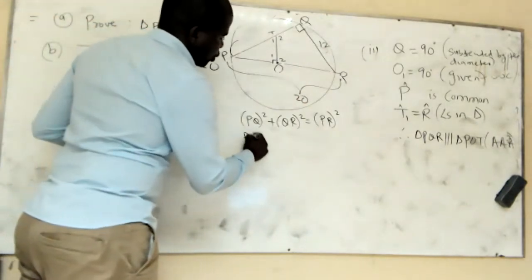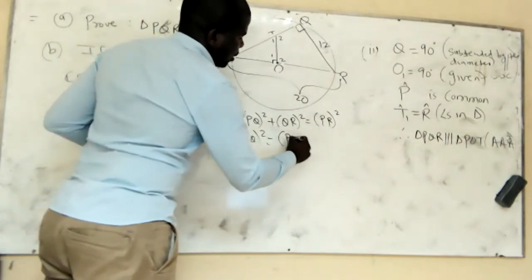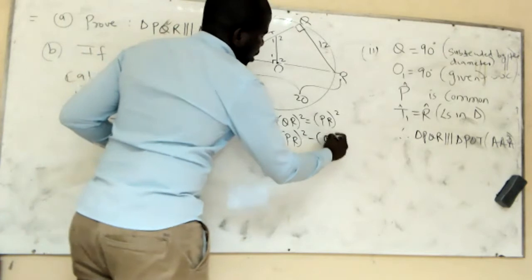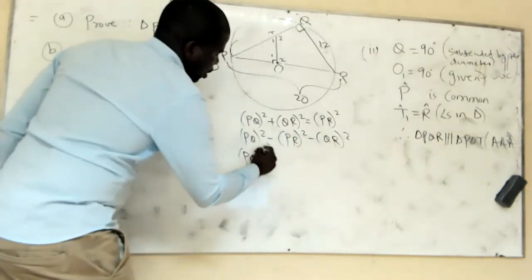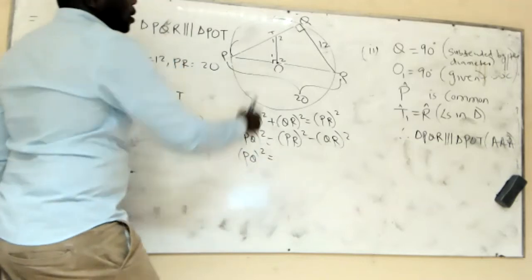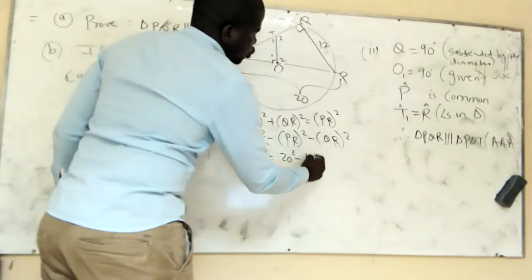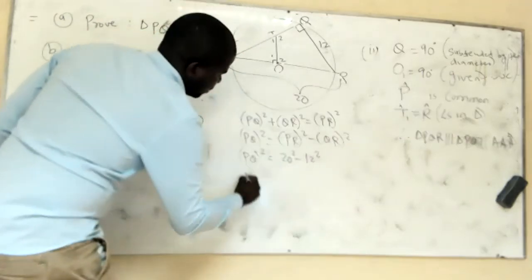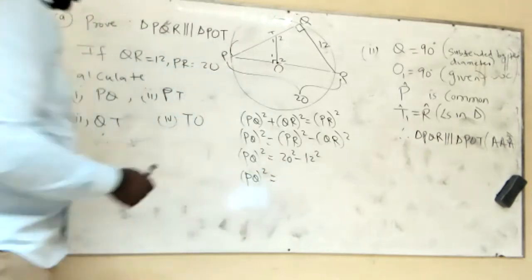So we are looking for PQ squared. You take this to the side, you're going to have PR squared minus QR squared, and then you substitute what you're given. In this case, PR is given as 20 squared, and then QR is 12 squared. Can you substitute that into your calculator and tell me what you obtain? What is 20 squared minus 12 squared?